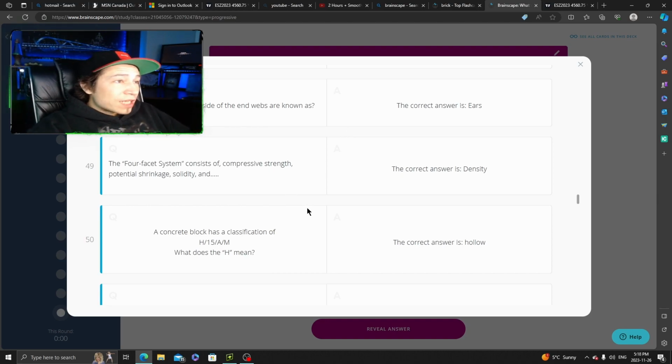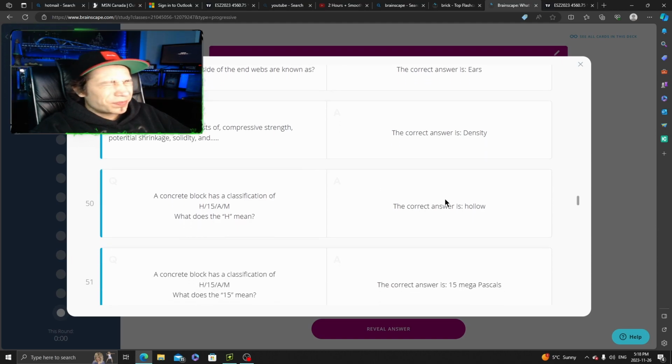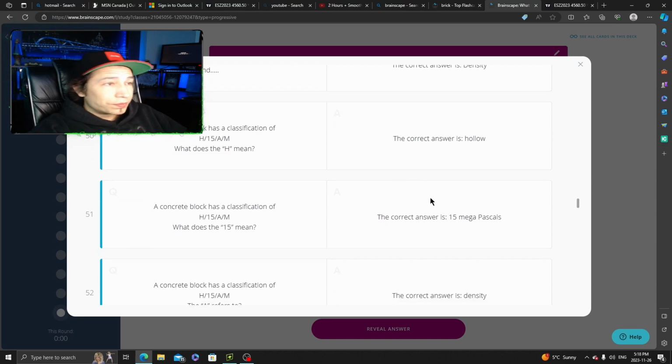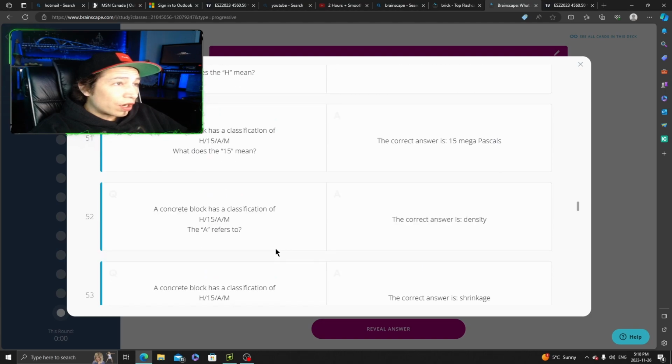The 4-facet system consists of compressive strength, potential shrinkage, solidity, and density. A concrete block has a classification of H15 AM. What does the H mean? Hollow.